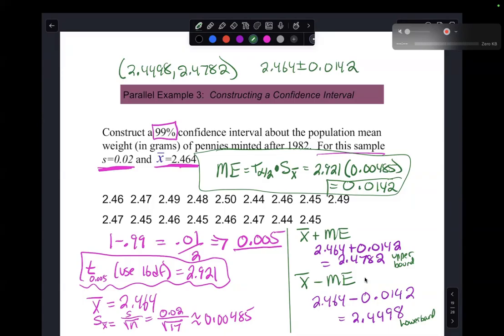So the way that I would answer this question is I would say we are 99% confident that the actual mean weight of pennies minted after 1982 is between 2.4498 and 2.4782. That's how I would answer that. Questions?